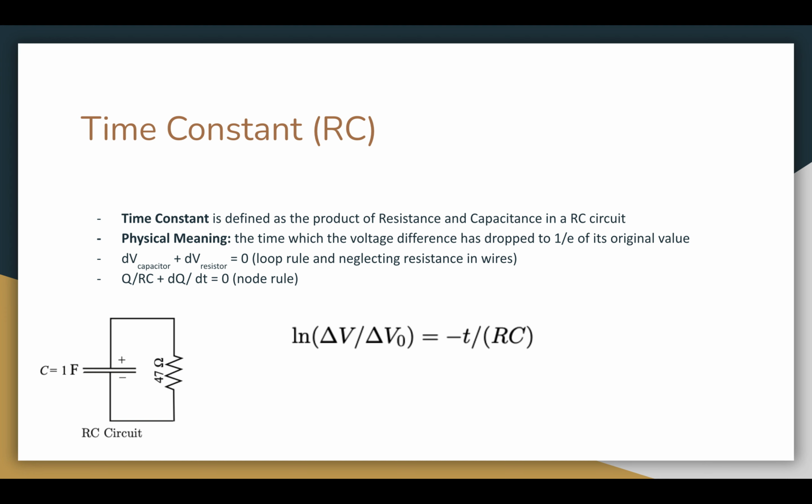Using node rule and the loop rule, and looking at the simple circuit on the bottom left, we are able to derive the equation right here. Relationship between voltage, time, and RC, time constant. And if we just plot this part divided by time, we should be able to get a slope that is -1/RC.